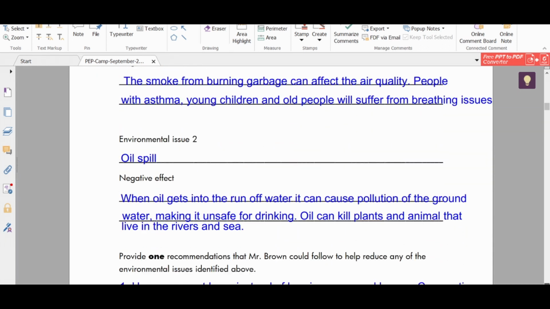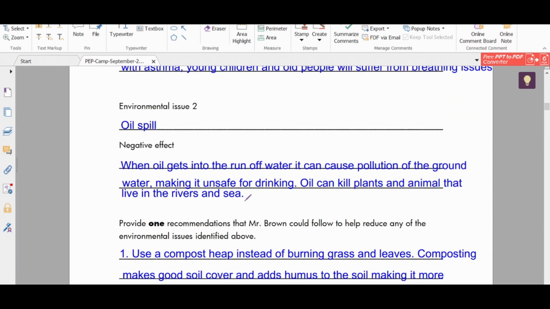When oil gets into the runoff water, it can cause pollution of the groundwater. This is a small scale, just one little person's oil spilling here. But think of the amount of oil that could be getting into the water table if this is uncontrolled across large communities.